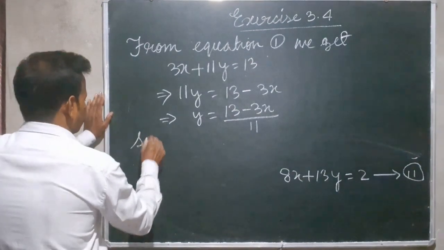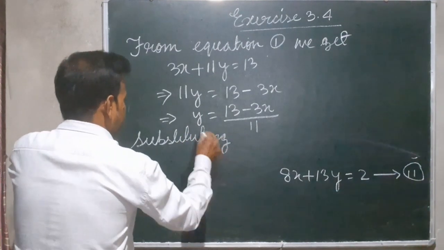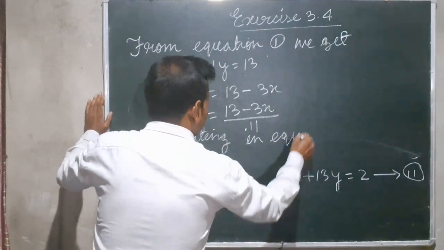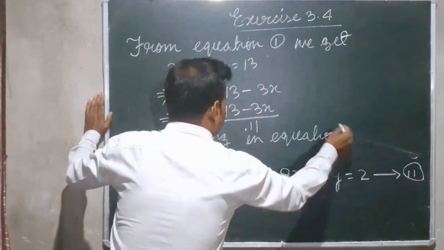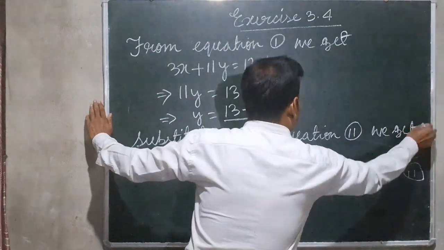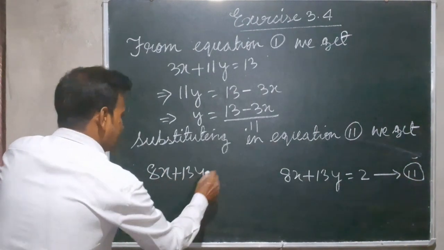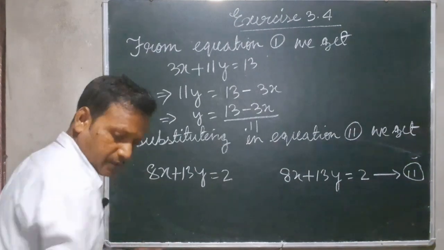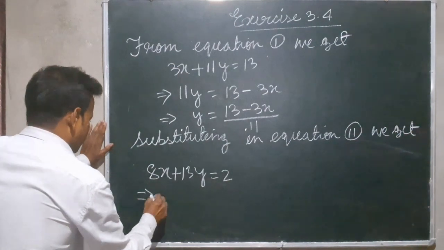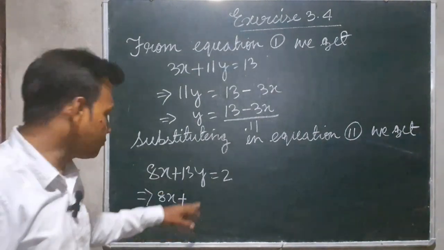Okay, substituting in equation 2 we get, this is equation 2, 8x plus 13y equals 2. 8x plus, we have to put the value of y.